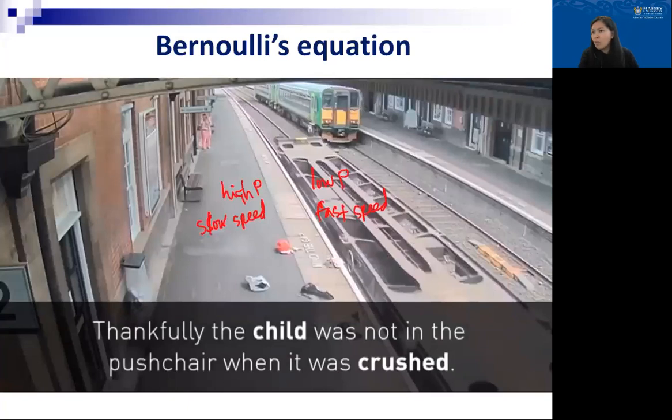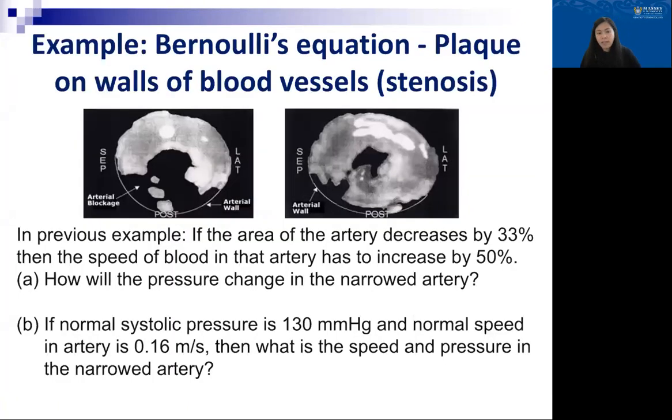example of how we work through Bernoulli's equation. Looking again at the previous example of the blocked artery, where the area decreased by 33%.